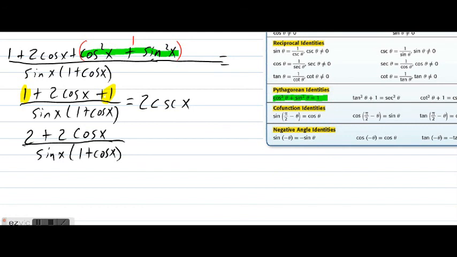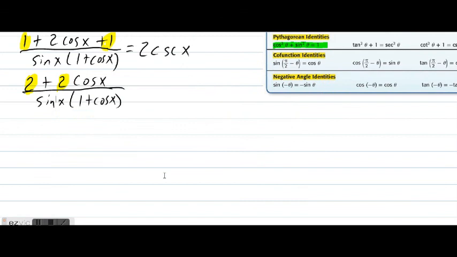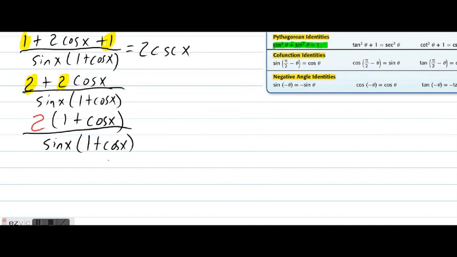Now I'm looking at this thing. I see a 2 there. I see a 2 there. I said, well, what would happen if I factor out that 2? So let's factor out that 2. There's that 2. What am I left with? 1 plus cosine of x all over sine of x times 1 plus cosine of x.